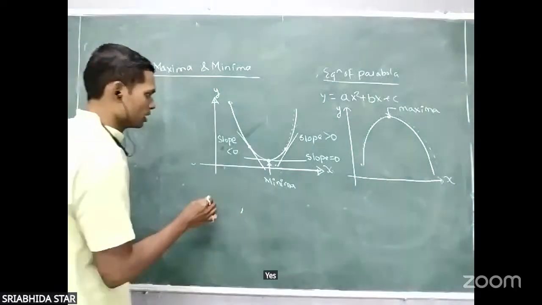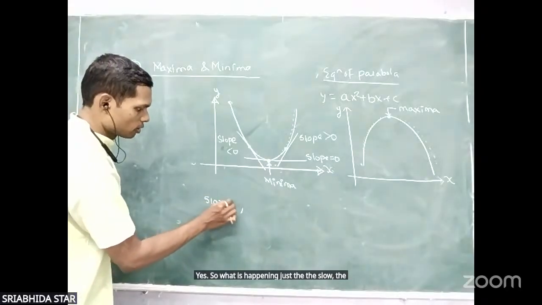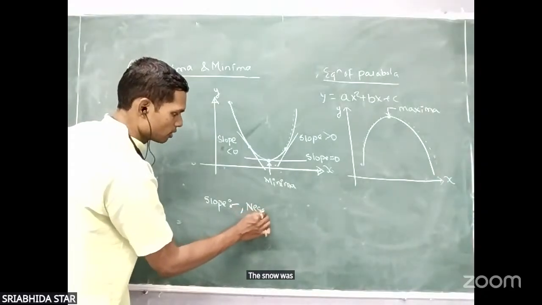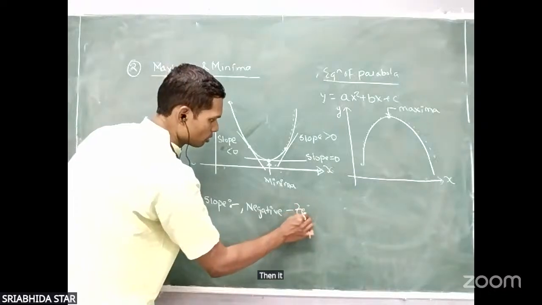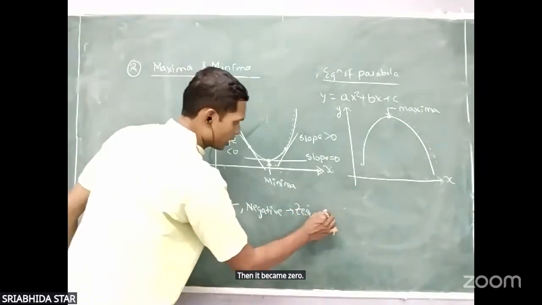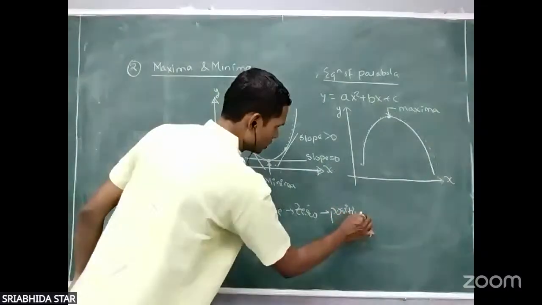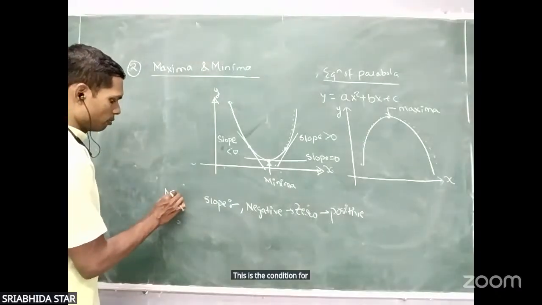Just see the variation of slope. The slope was first negative, then it became 0, and then it became positive. This is the condition for minima.